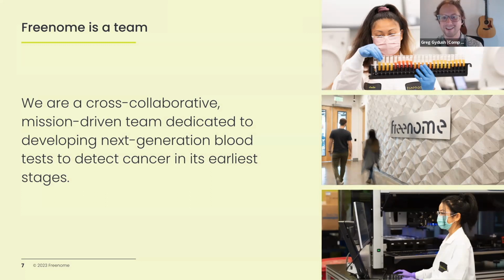So this 600 is a large group of people comprised of cross-collaborative individuals spanning automation, clinical development, engineering, bioinformatics, molecular biology, assay development. There's just a ton of teams working at Freenome, but we all share this common goal, which is to develop next-generation blood tests to detect cancer in its earliest stages when patients are most likely to be cured.